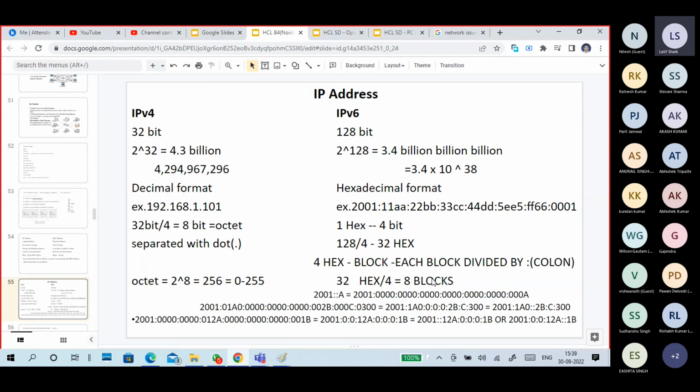So there are 4 octets: first octet, second octet, third octet, fourth octet. Each octet size is 2 to the power of 8, which is 256. So that is from 0 to 255, guys. Like that, 0 to 255 in each octet.